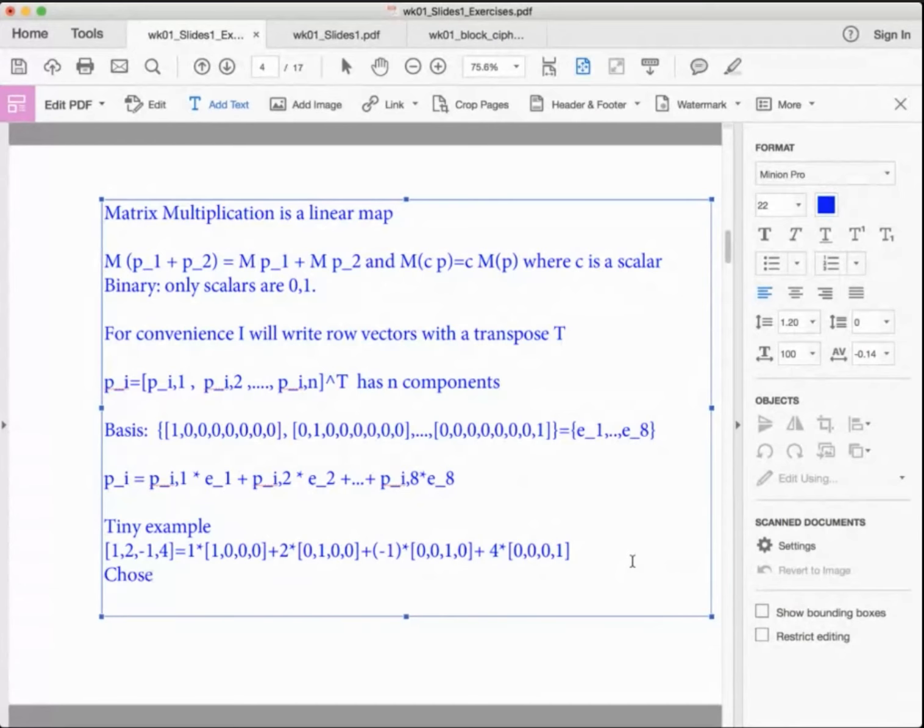If I can do a chosen plaintext attack, encrypt 1, 0, 0, encrypt E1, E2, up to E8, I get V1, V2, up to V8.